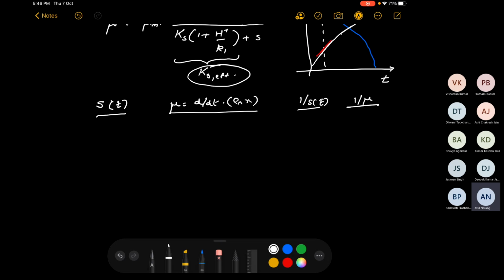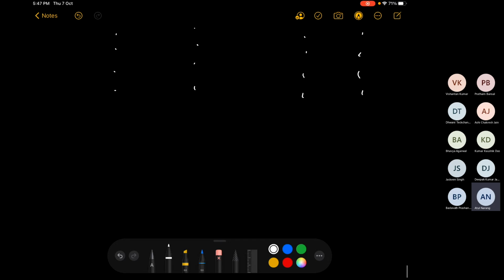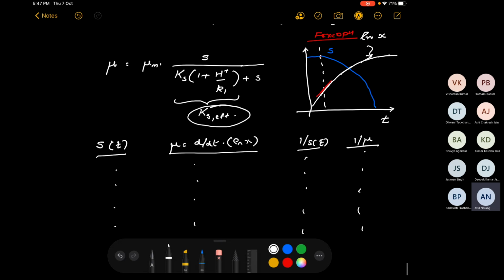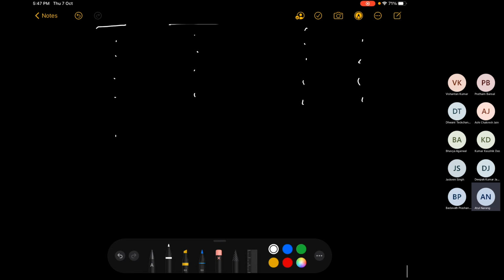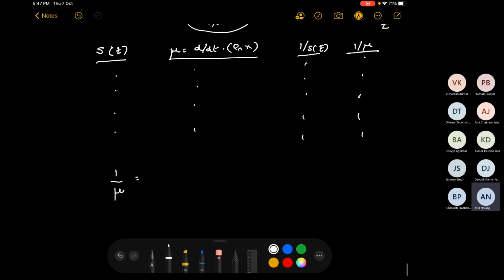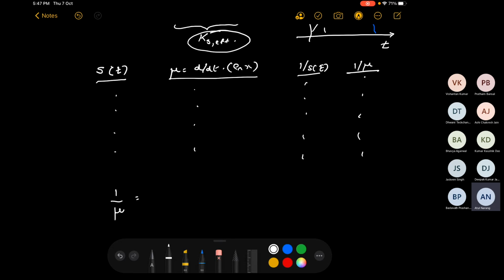So if I have, let's say, a set of 4 points, I get a set of 4 points here. This all corresponds to a single run. You can see that you go back to this equation.